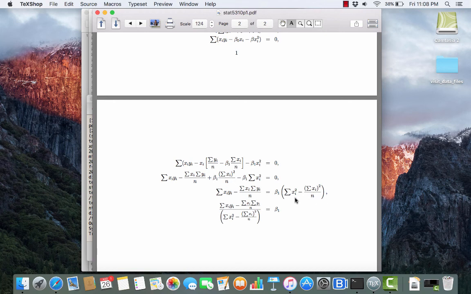Notice the order changes when it moves to the right-hand side. And again, I want to end up with beta 1, so I've got the original terms on the left-hand side divided out by the stuff on the right-hand side. And that's it. I know, easy to say that's it. But if you read through it a couple times, I think it'll make sense.